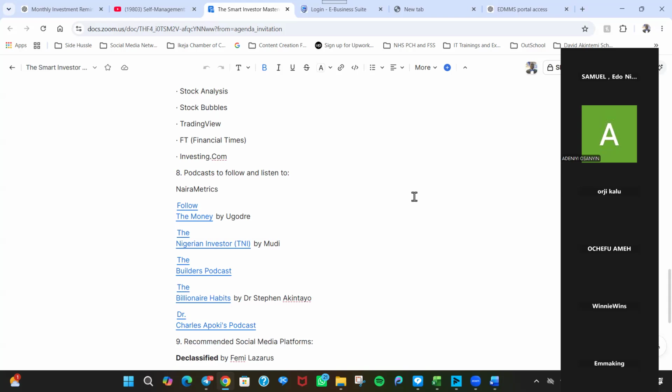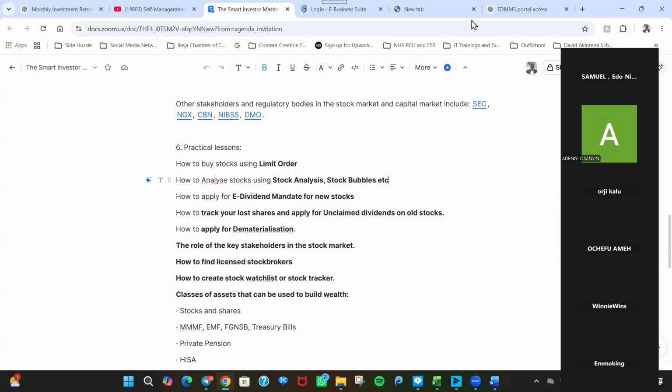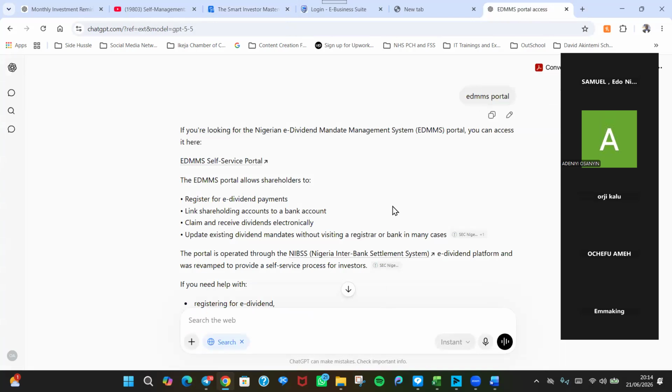You want to pick a stockbroker that is modern, that has a mobile app, a user-friendly website, good customer service, and competitive fees when you buy your stocks. So you need people to recommend stockbrokers to you. But where you can find a list of the stockbrokers, that is the NGX website.